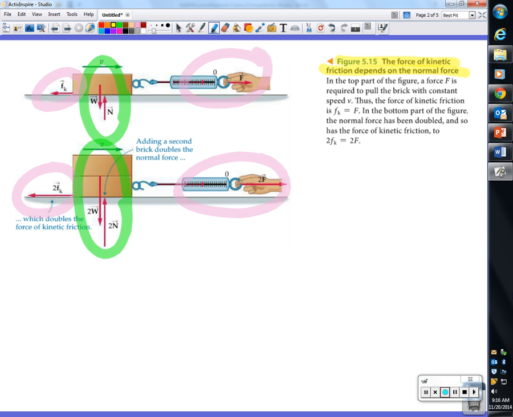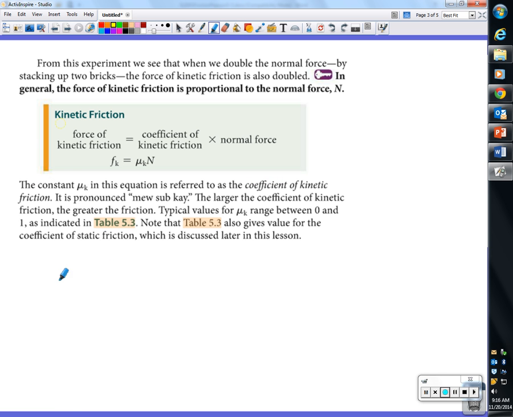That normal force is what directly affects the amount of friction that is acting on that object. That direct relationship is summarized with the equation at the top of page 2 of your packet. And it looks like this.